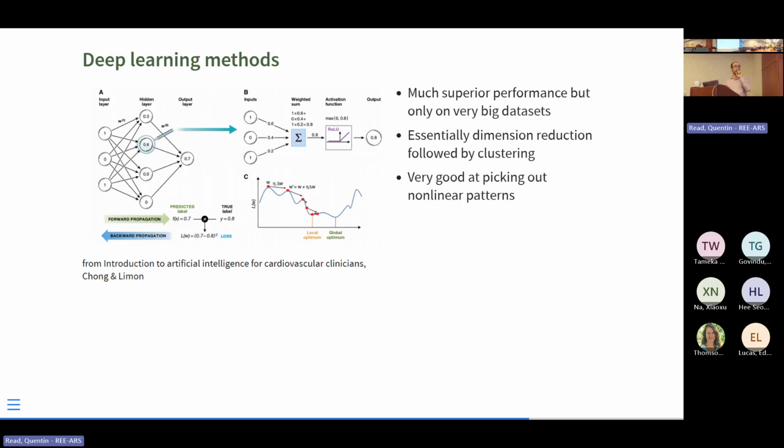The good thing about these is they work well for nonlinear patterns. And what a lot of people do is run their data through one of these deep learning algorithms, pull out the reduced dimension data, and then put it through a machine learning visualization method to actually look at the pattern. So you do both steps.